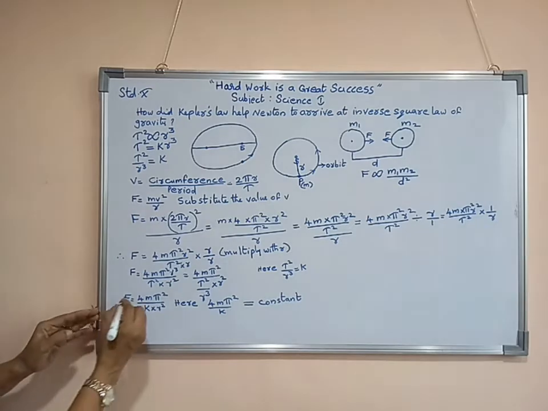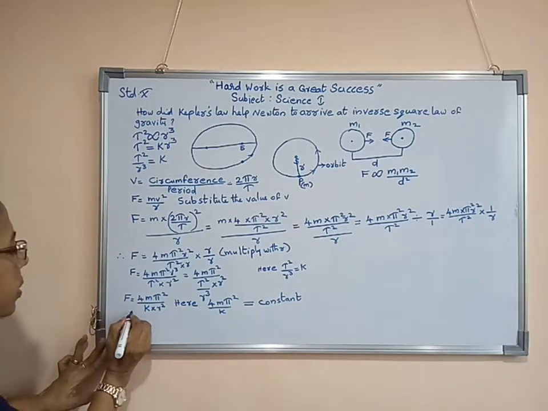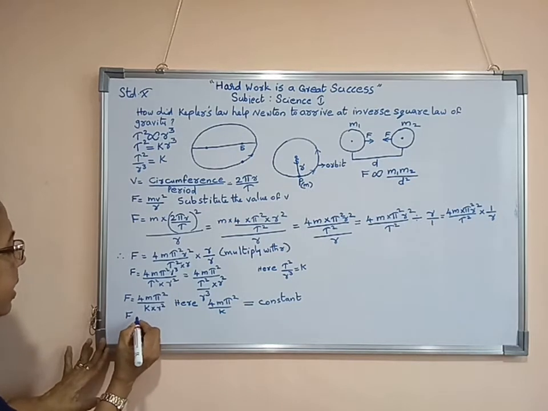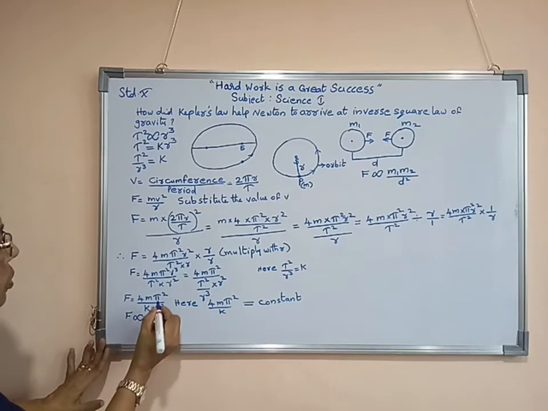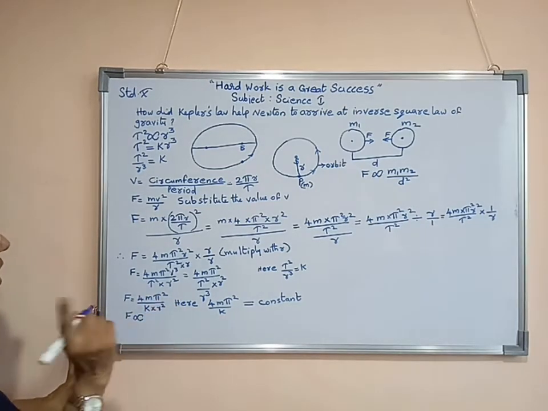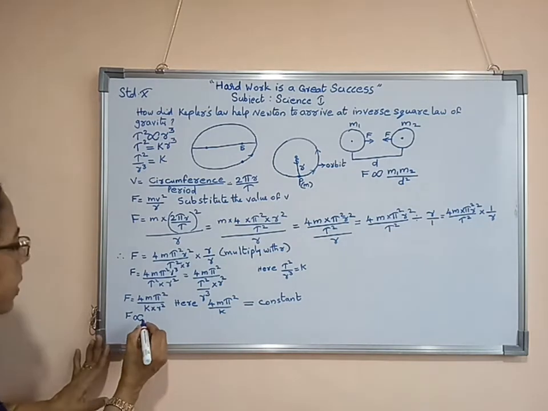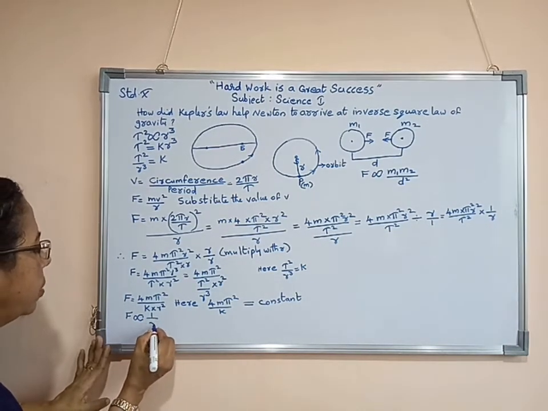So now this part is already gone. Now what is left out? F is there. Now we can say that F is inversely proportional, since this value is moving, at this place there will be 1. So we can write F is inversely proportional to r square.